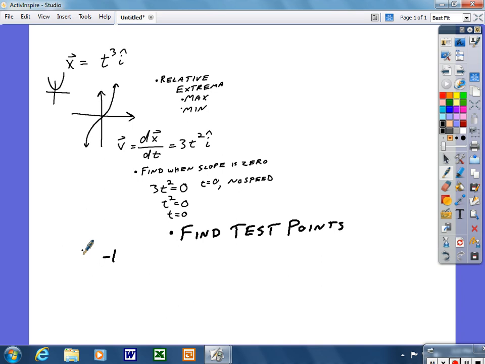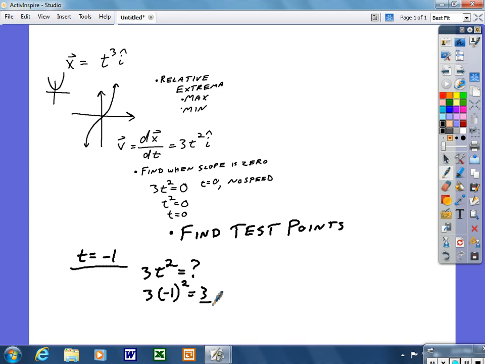Now, for the most part, we're not going to deal with times that are negative. The only things that can go back in time are Michael J. Fox and SpongeBob, but in this case, we're going to work with it. So we plug -1 in there. 3t squared equals question mark. Put in my -1 as my test point. -1 squared, -1 times -1 is 1. 3 times 1 equals 3.